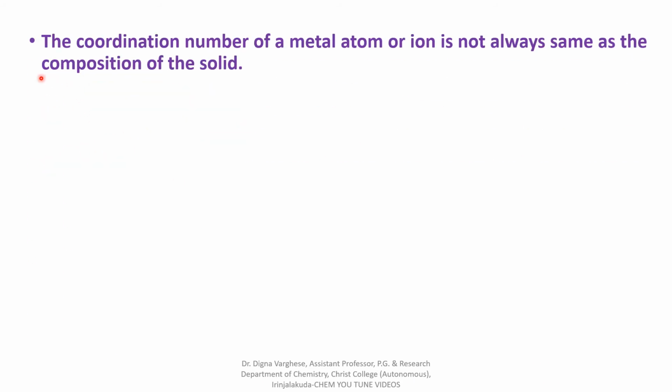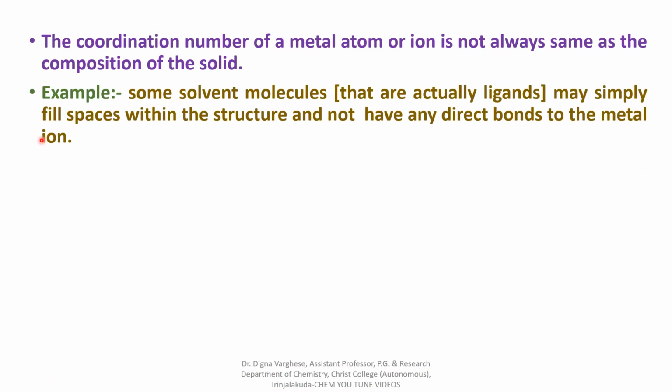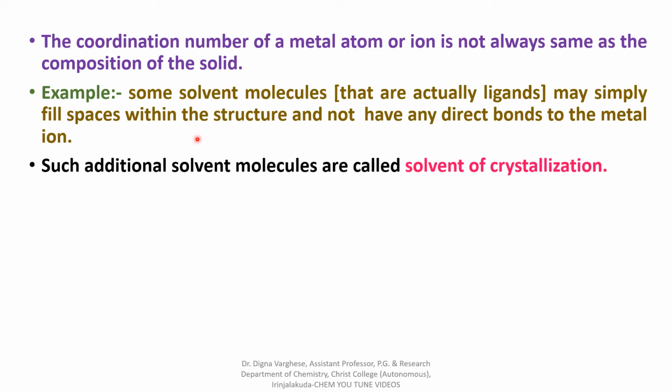The coordination number of a metal atom or ion is not always the same as the composition of the solid. For example, some solvent molecules may simply fill spaces within the structure and not have any direct bonds to the metal ion. Such additional solvent molecules are called solvent of crystallization.